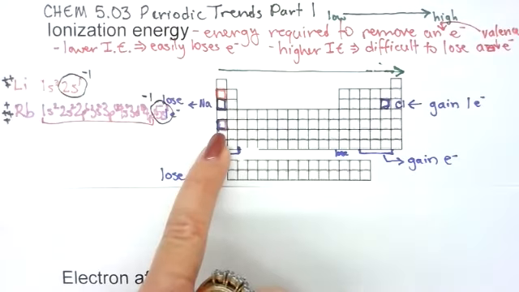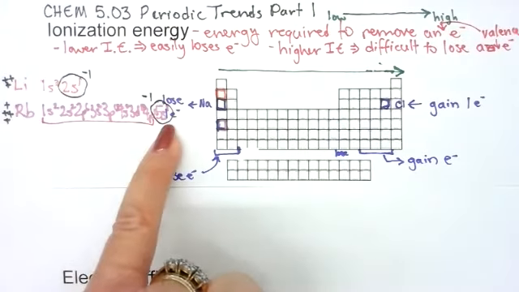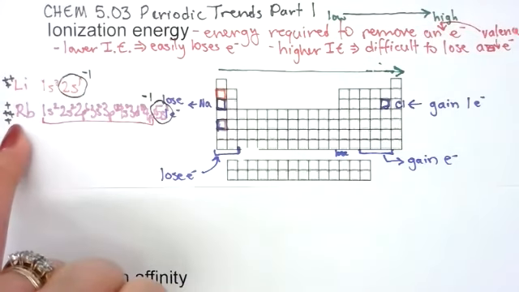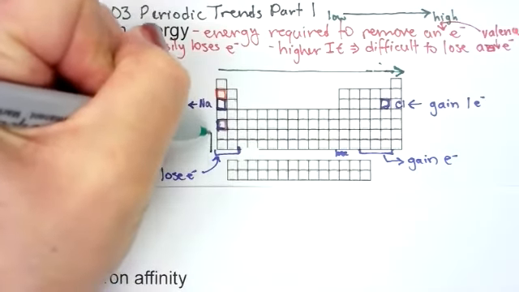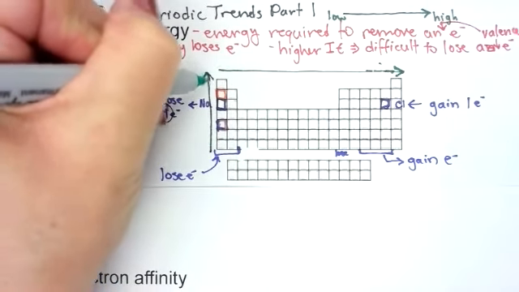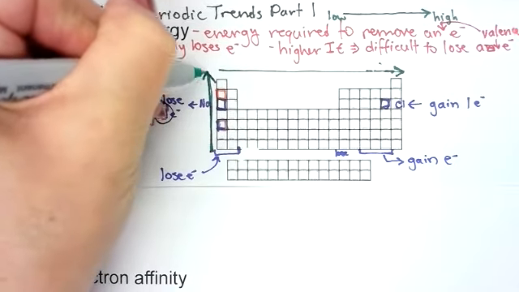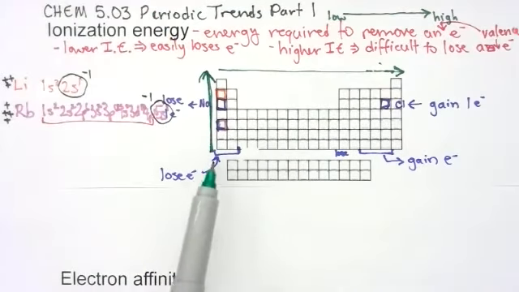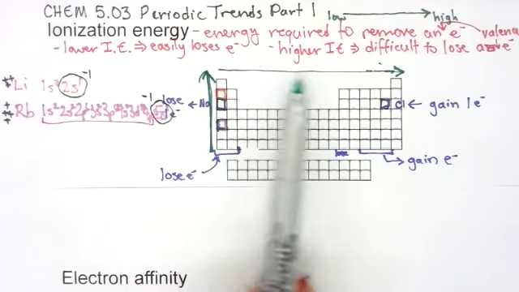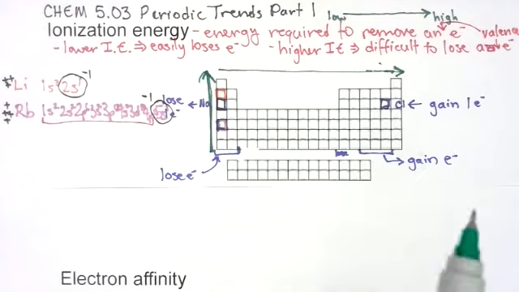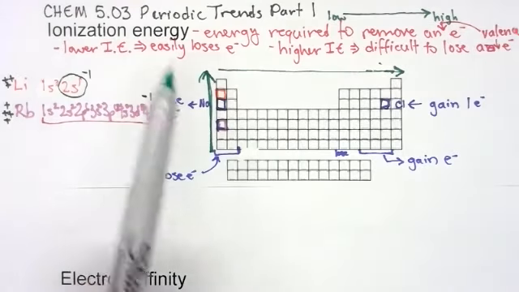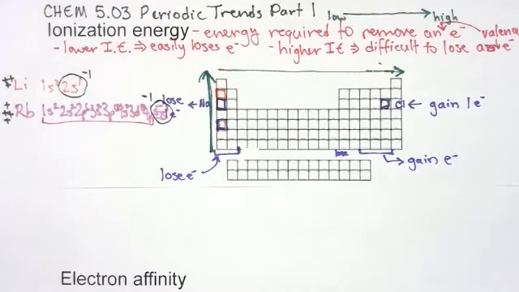Down here at rubidium, it's going to lose that electron more easily because the nucleus can't pull on it as strongly. So what we have happening with ionization energy is this: ionization energy increases as you go up the table and as you go to the right. You'll need to have that memorized, but not only the trend, also the why.